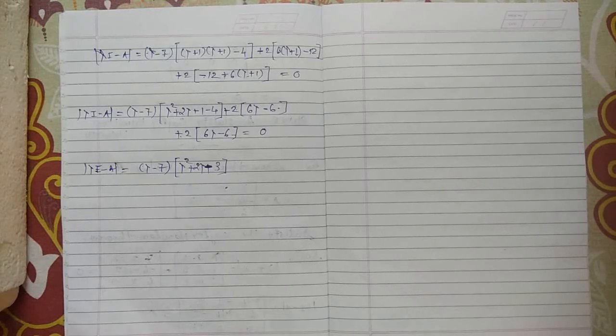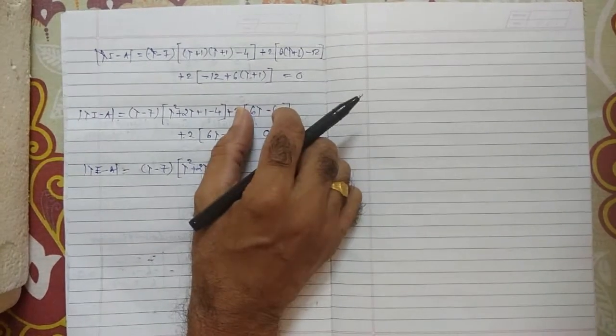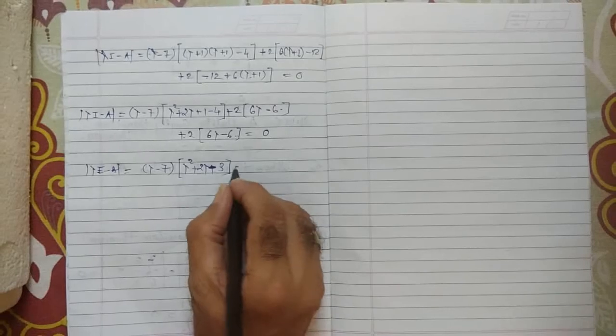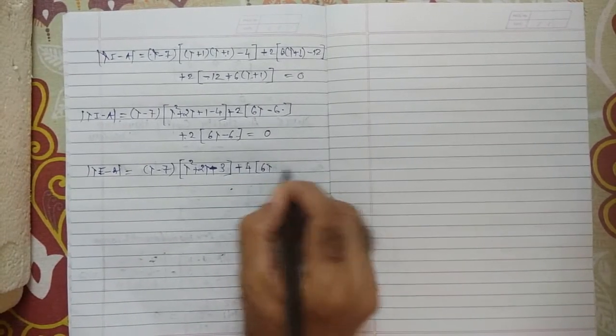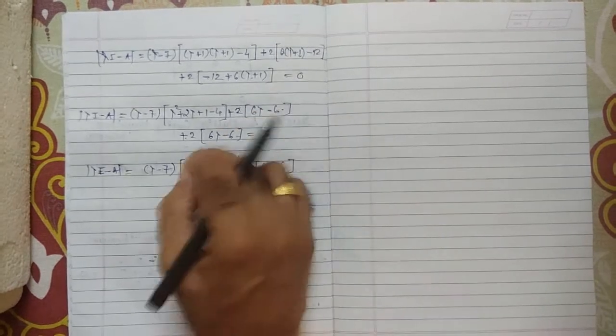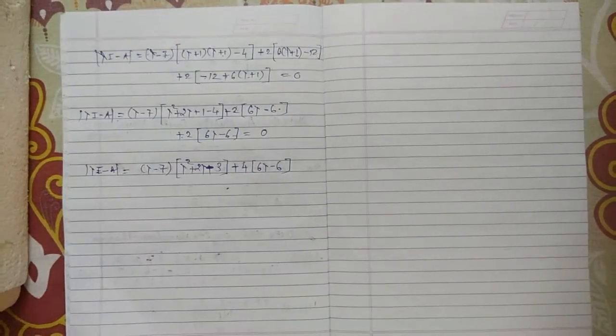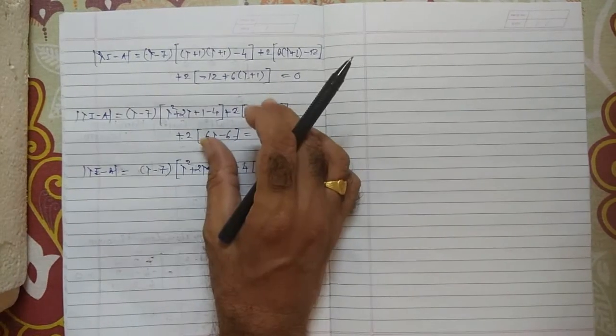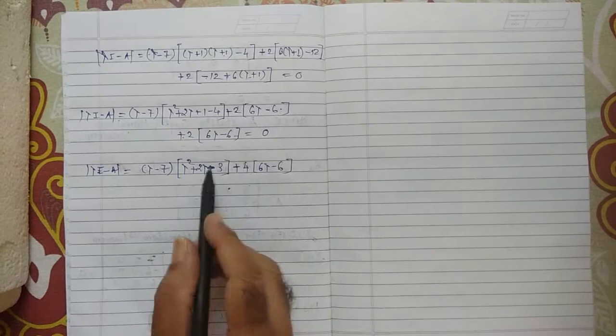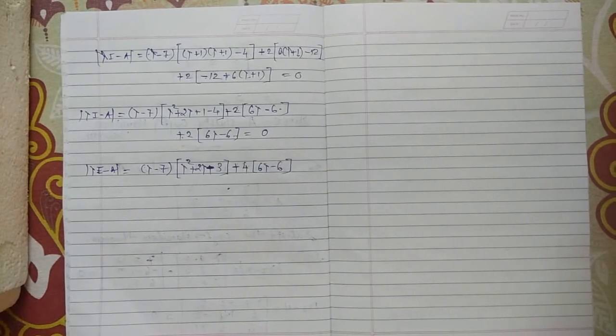These terms are the same, so we can write plus 4 multiplied by 6 lambda minus 6. This gets doubled: 2 plus 2 means it becomes 4. If we add these two, we get 4 multiplied by 6 lambda minus 6.